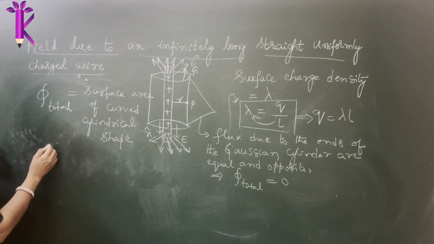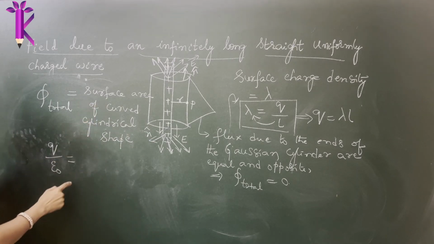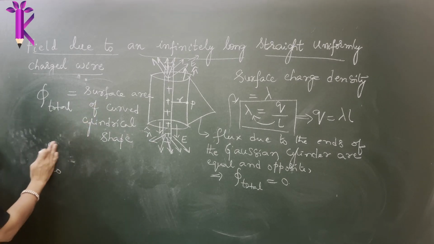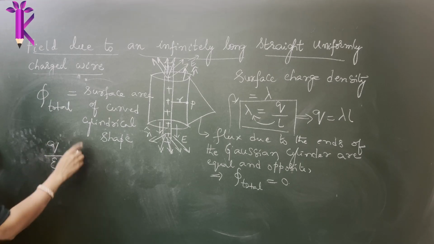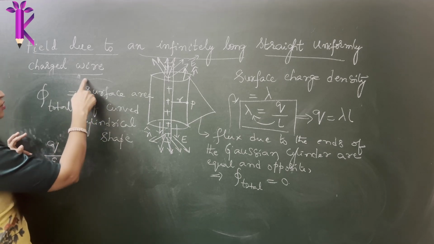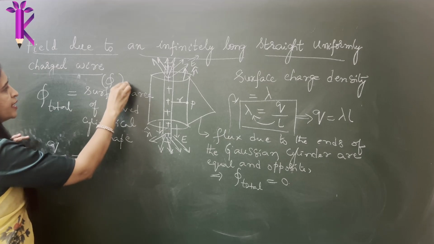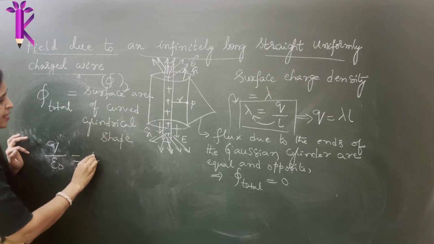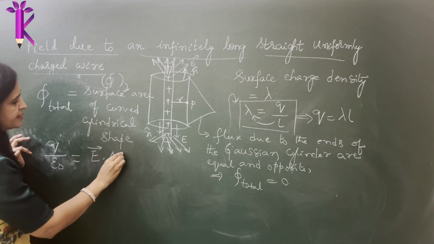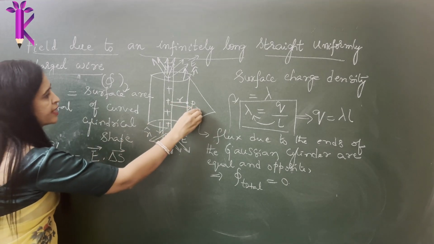So the flux by Gauss's law is given by Q divided by epsilon naught, the total flux is always given by Q by epsilon naught, and this is also equal to the flux through only the curved surface of the cylinder. So flux is given by E dot delta S, right? And they are in the same direction, radially outward. The area direction is also the same.